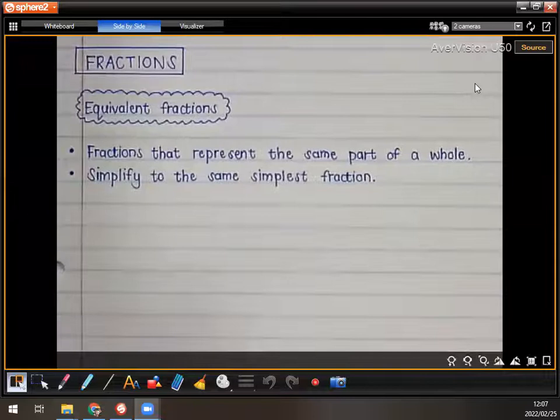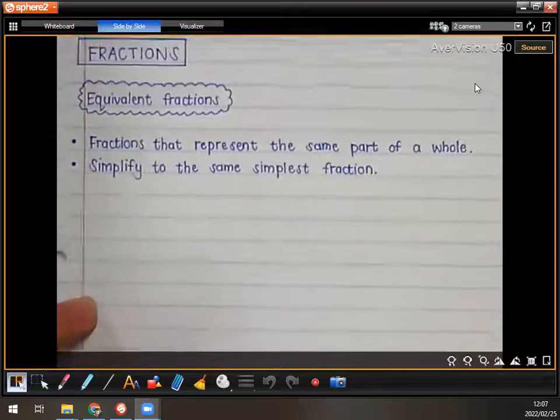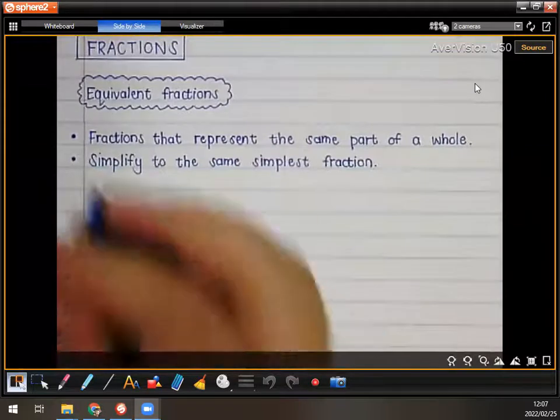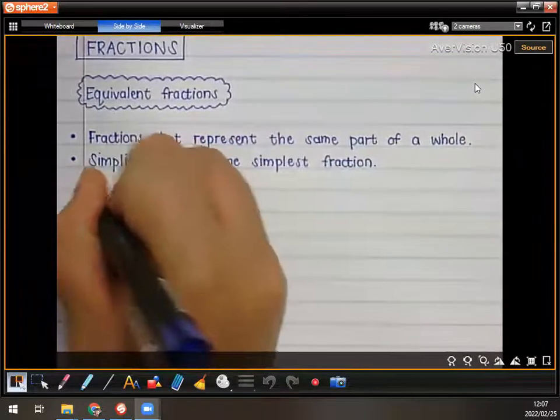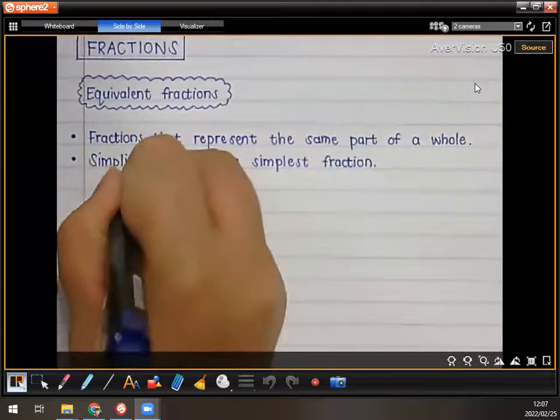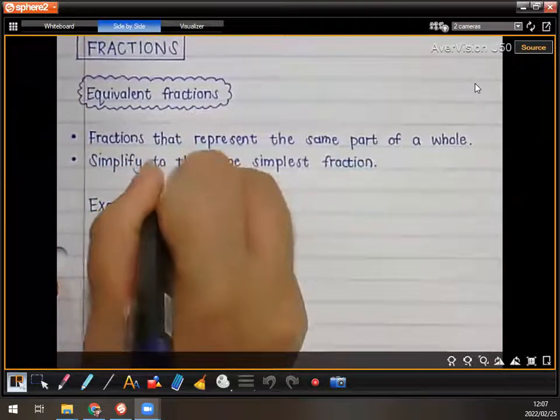The types of examples that they can ask you when you're working with equivalent fractions, they can ask in different ways, but we'll look at one type of question.